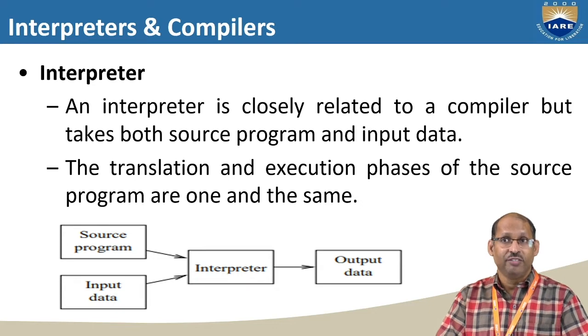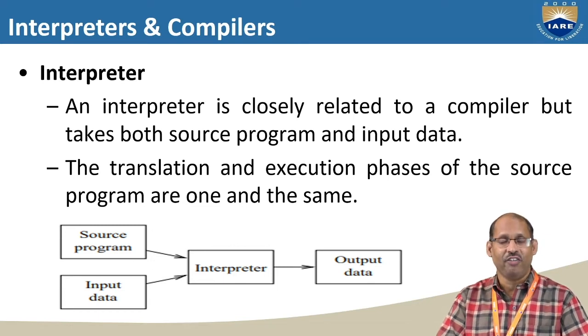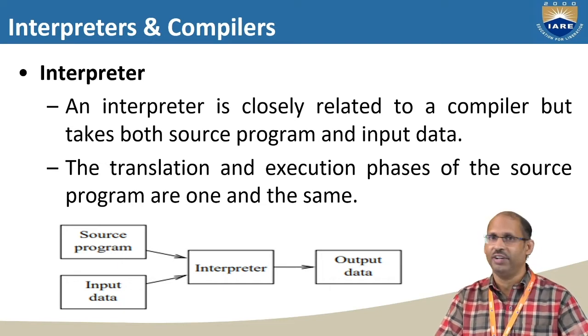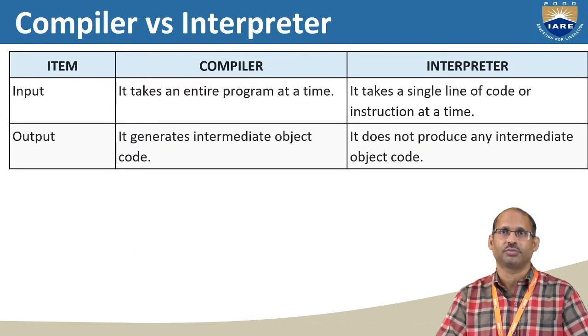So for each line, the analysis and execution will be done without converting the high level source language to low level object or machine level language programs. It avoids the headache of converting that high level source program to low level object programs.